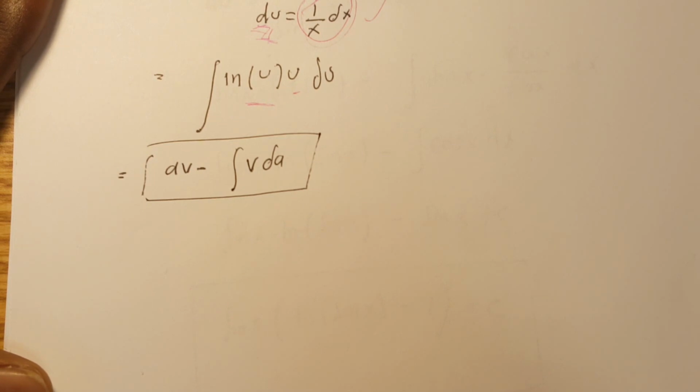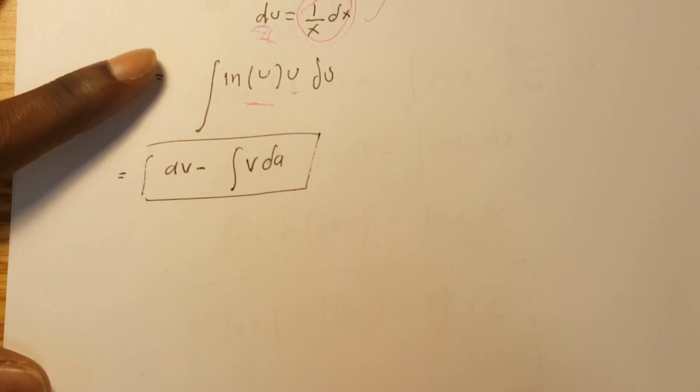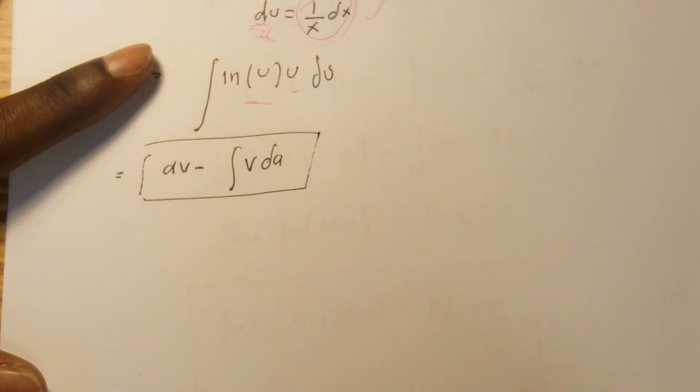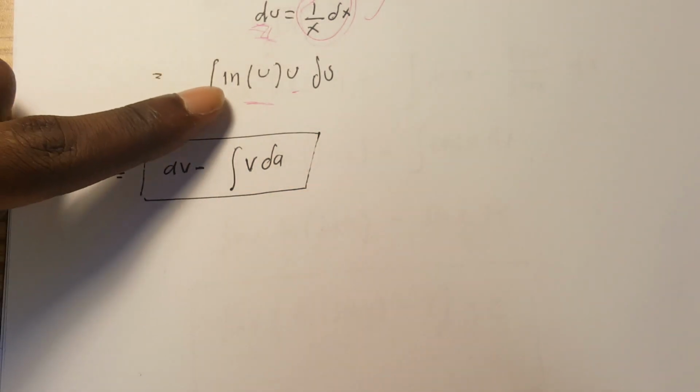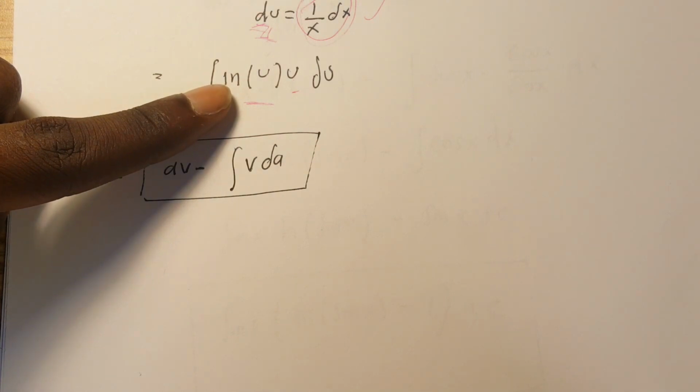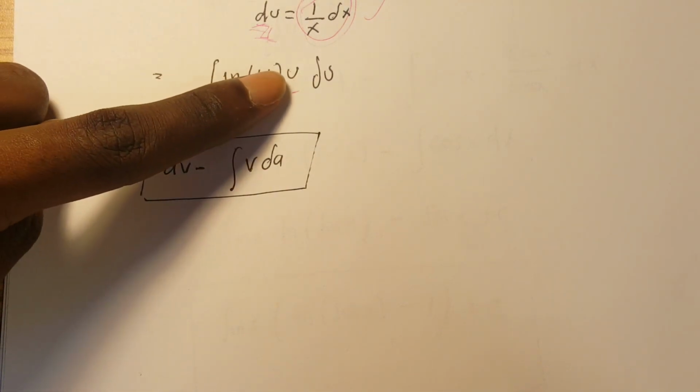So I'm going to substitute. But remember, we substitute a for the term that we can easily differentiate, and v for the term that we can easily integrate. So in this case, I can easily differentiate this guy, and I can easily integrate that guy.